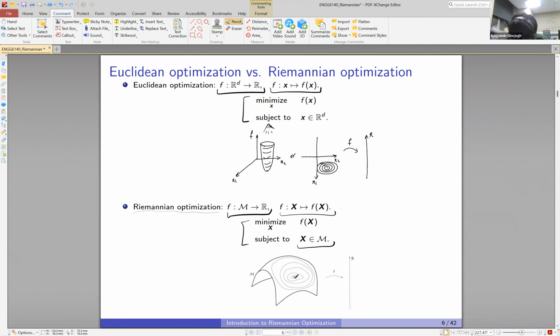So for example, here it's similar to a quadratic function. Here is the minimum and it's increasing on the manifold. Something like that. So you can see this F as a map from this manifold to a real number, to a scalar. Right? Compare these two and you will understand what we are talking about.